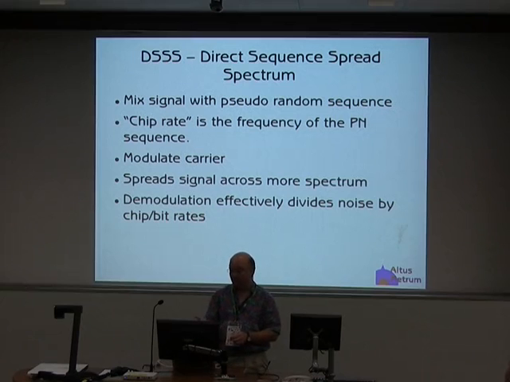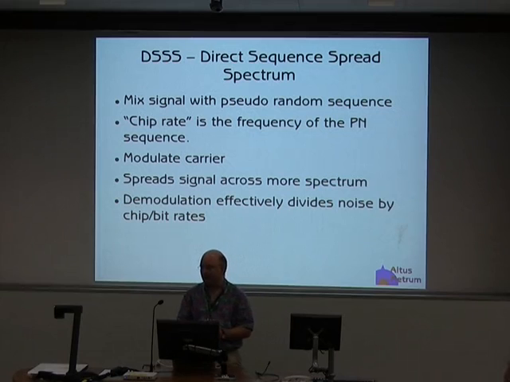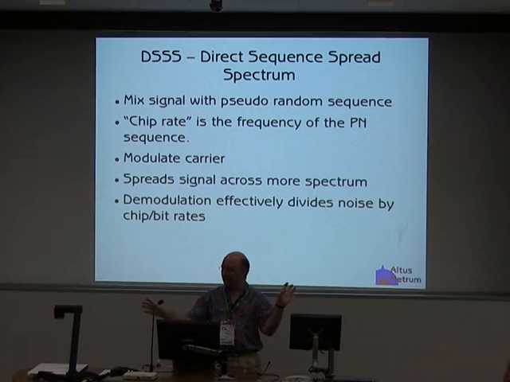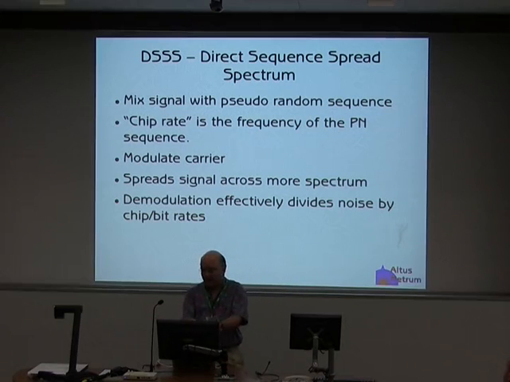Usually, it should be a fraction of your actual carrier frequency in order to get things lined up correctly. The chip rate is the rate of this pseudo-random sequence. And then you just multiply or XOR the two values together and modulate the carrier with the result of that. If you're using frequency shift keying or to smear the data across a wide spectrum, this is usually actually used with binary phase shift keying. And again, you take this really high frequency signal now and modulate your carrier with it.